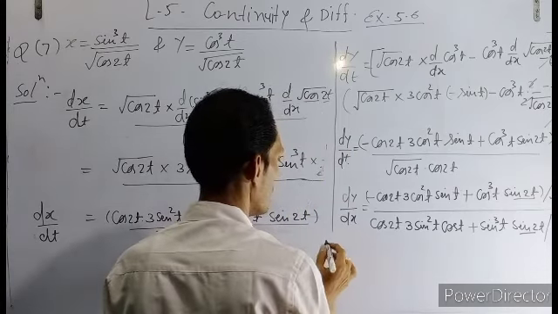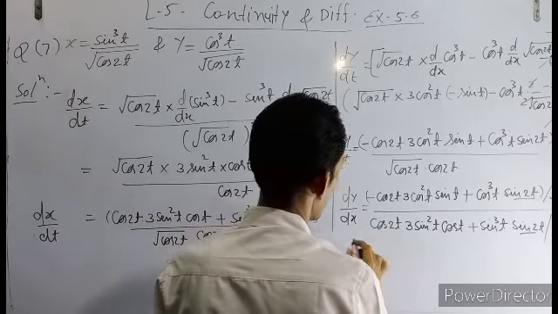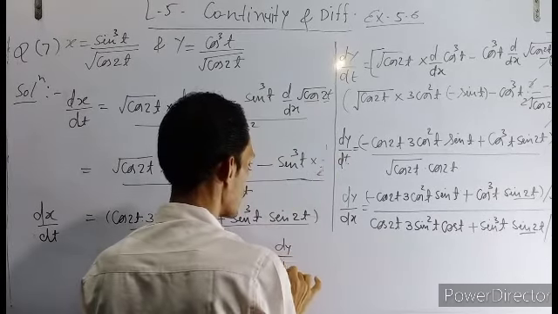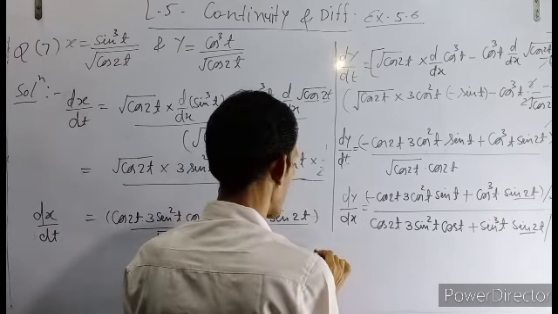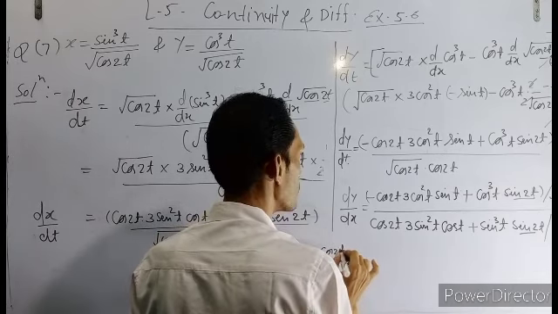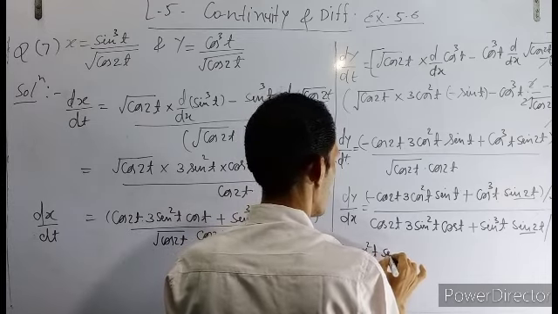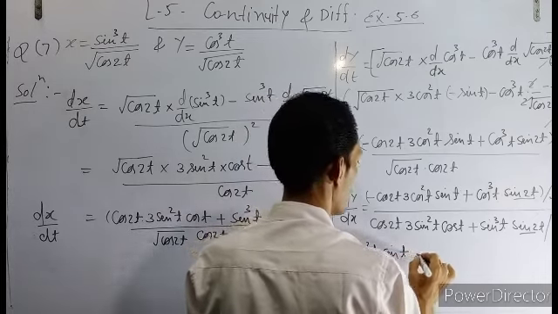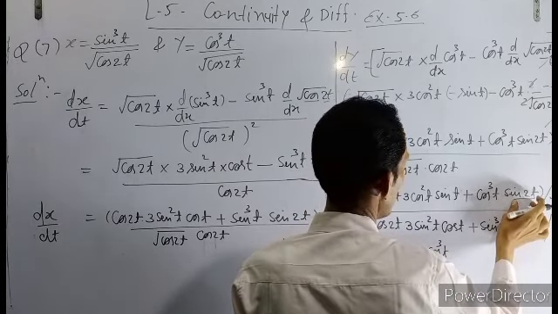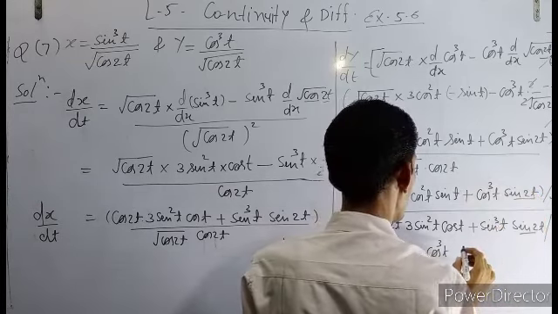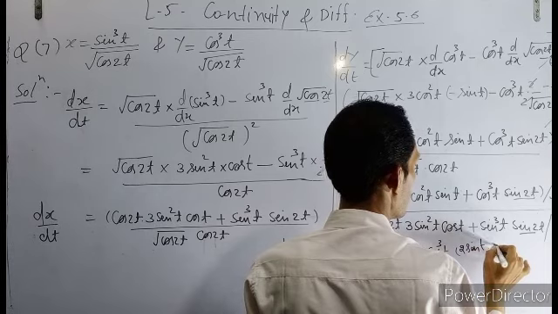You can see dy by dx equal to, after this we can write, minus cos 2t into 3 cos square t sin t plus cos cube t. You can open the identity sin 2t into 2 sin t into cos t.